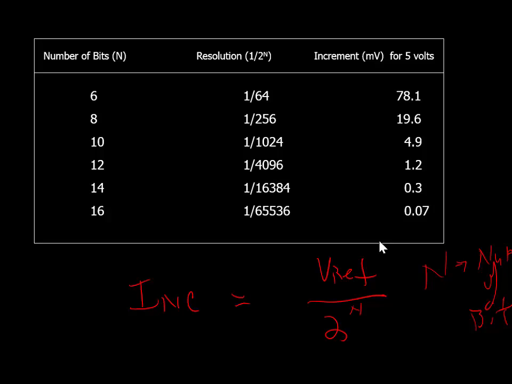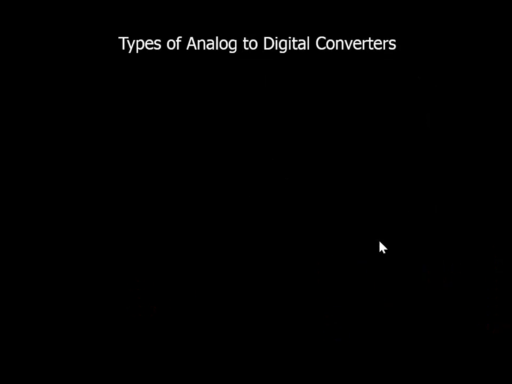And if you want a particular signal-to-noise ratio, you have to increase the resolution. As it turns out, the human ear is incapable of hearing noise if the signal-to-noise ratio is greater than 100 decibels, 100 dB.